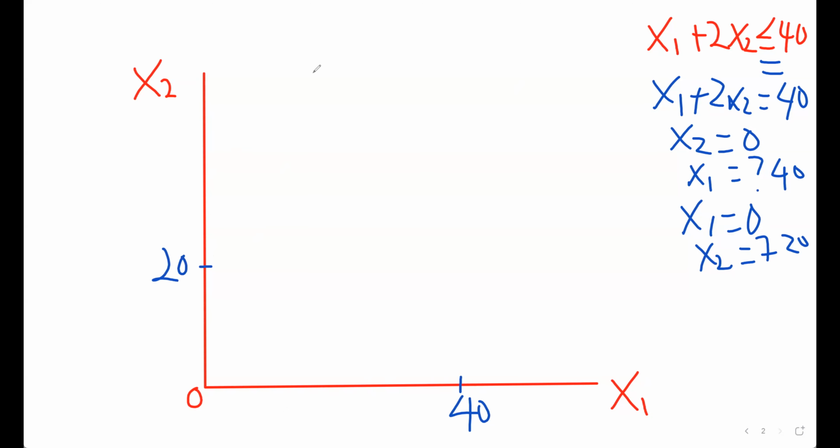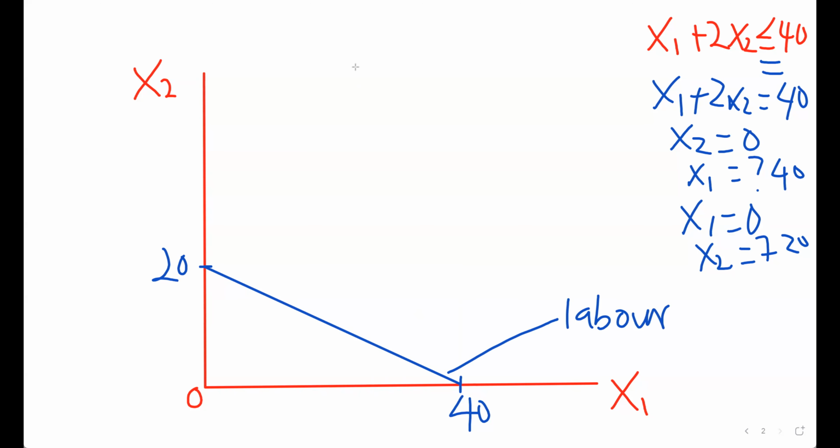What you have to do now is to join the 20 and the 40, because that is what gives you the equation of the line. So we join them, and now we have the labor constraint line.